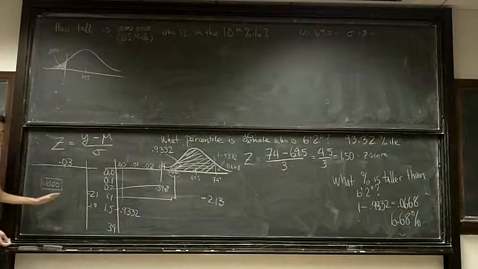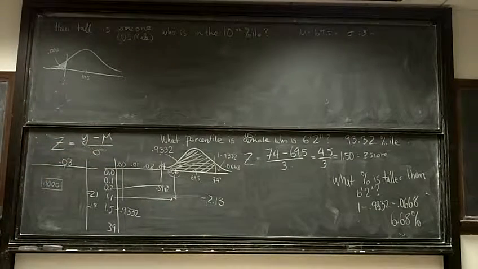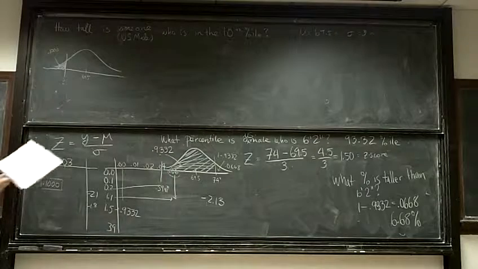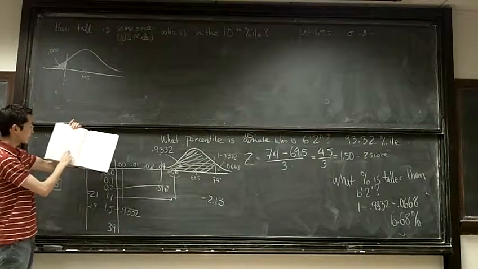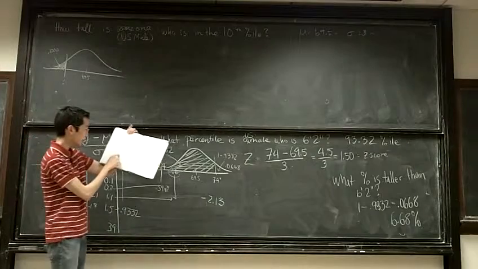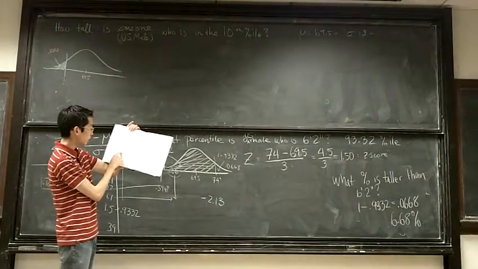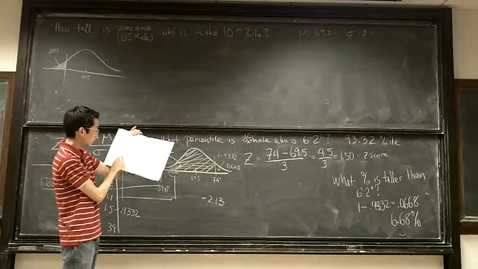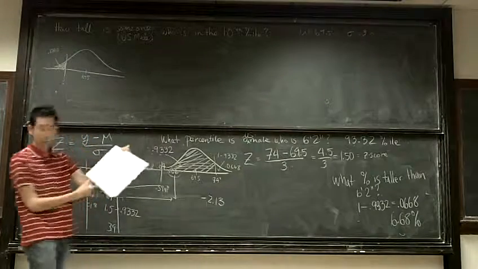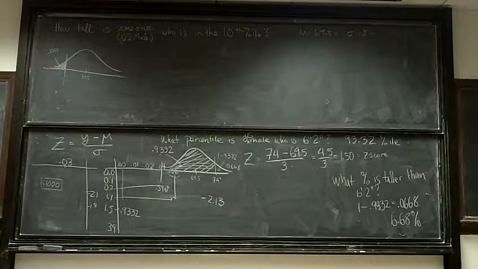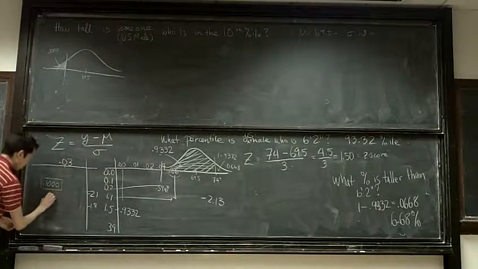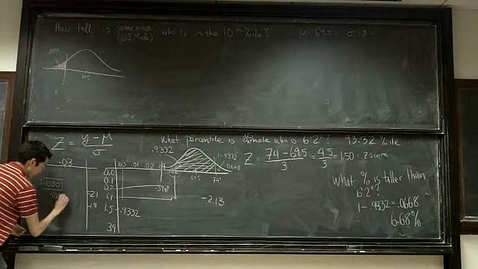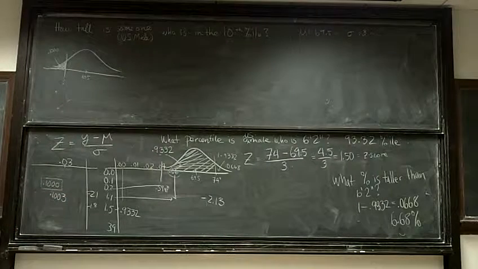So here I'm on the negative side of the table, looking for the value that's as close to 10% as I can get. The closest I can get is negative 1.28. The closest I can find is not 10% exactly, but 0.1003. There are two numbers that are really close: we've got 0.1003, and we also have 0.0985.